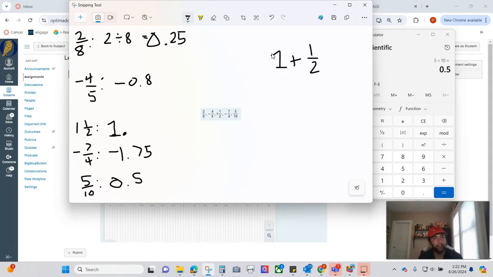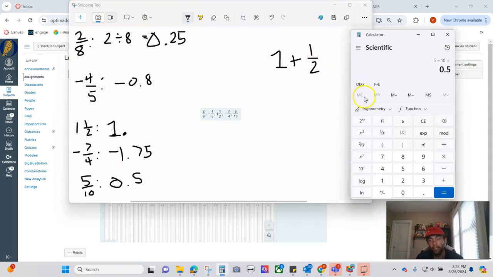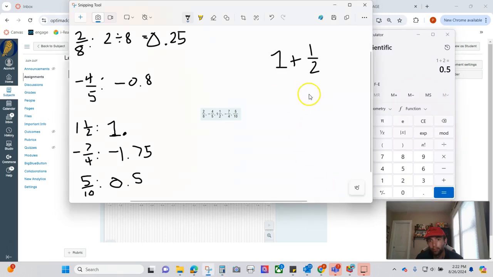Why we say the word and there. And means plus. So let's turn 1/2 into a decimal by doing top divided by bottom. It's 0.5. And so 1 and 1/2 is the same as 1 and 0.5, which is 1.5.